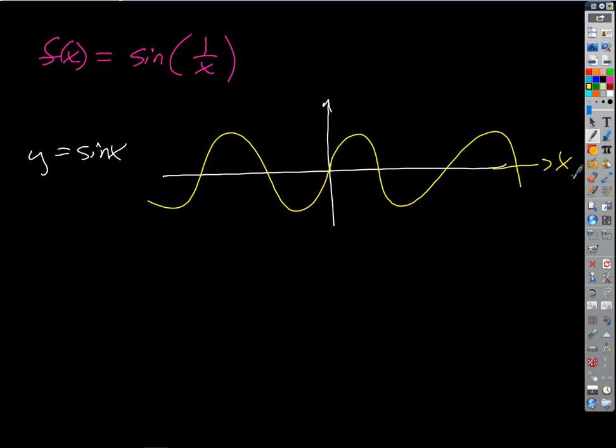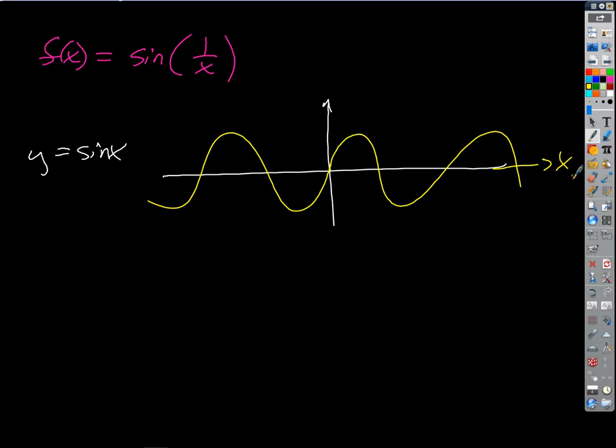What happens as x approaches 0? What happens to 1 over x? It gets bigger and bigger, doesn't it? So what's this thing going to do? That's going to make things very strange. It's going to take the envelope of this sine function and warp it massively, right?